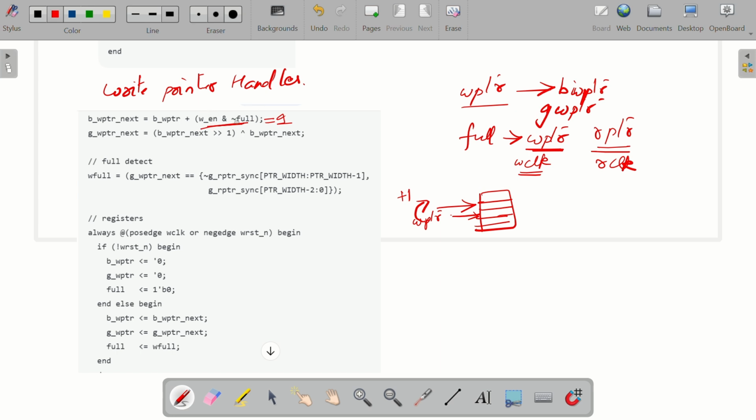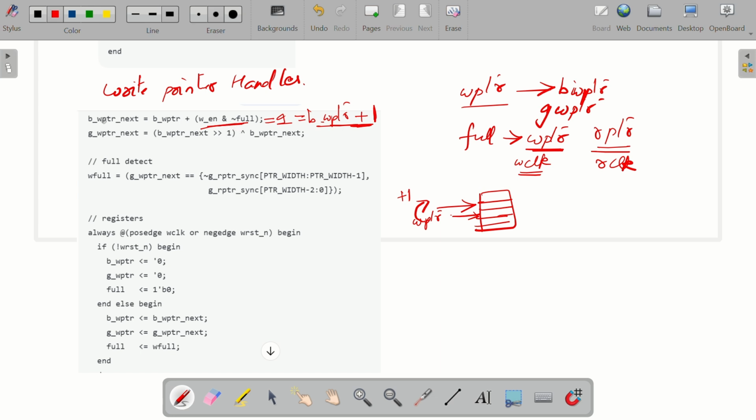If both these conditions are true, this will result in value 1, so the equation reduces to binary write pointer plus 1. So the B write pointer next is nothing but the write pointer updated by 1 if and only if my FIFO is not full and my write enable is asserted.